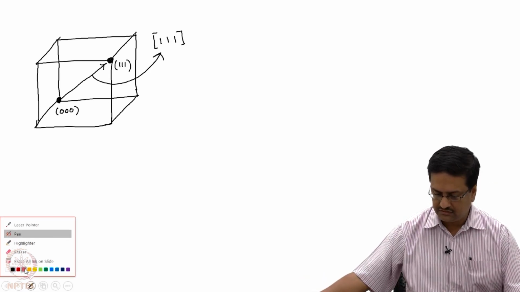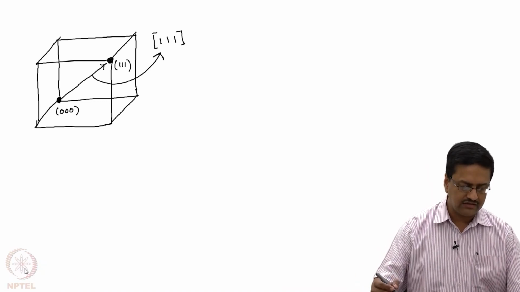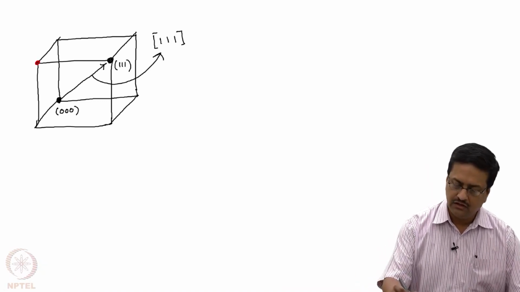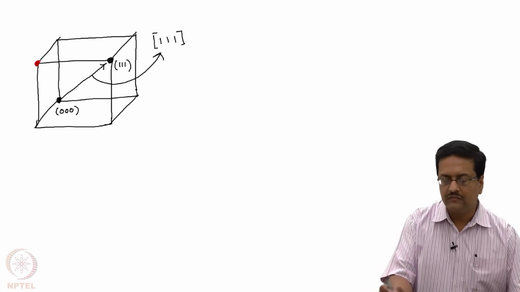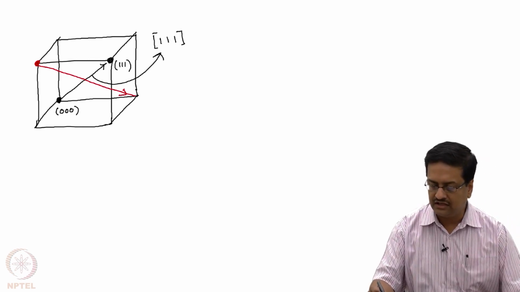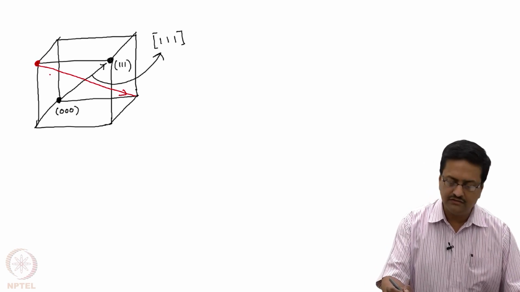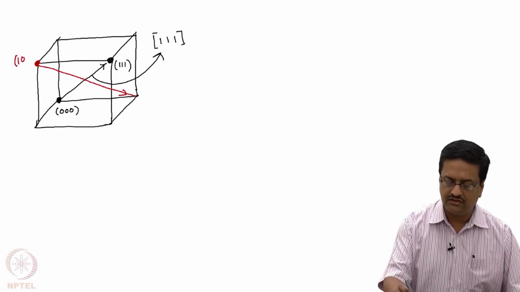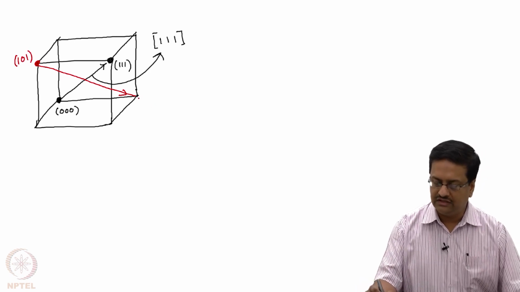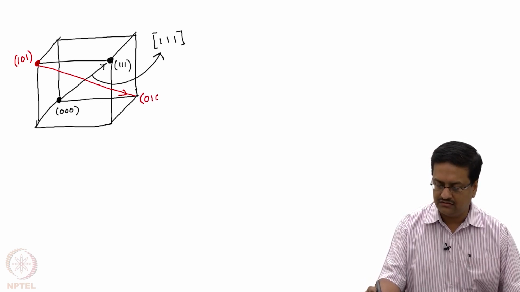Now let us see the direction from this corner to the other corner of the unit cell. What is the coordinate of this corner? It is 1, 0, 1, and the tip is 0, 1, 0.